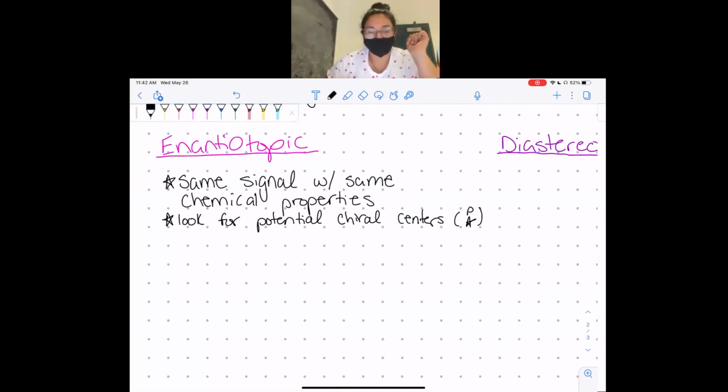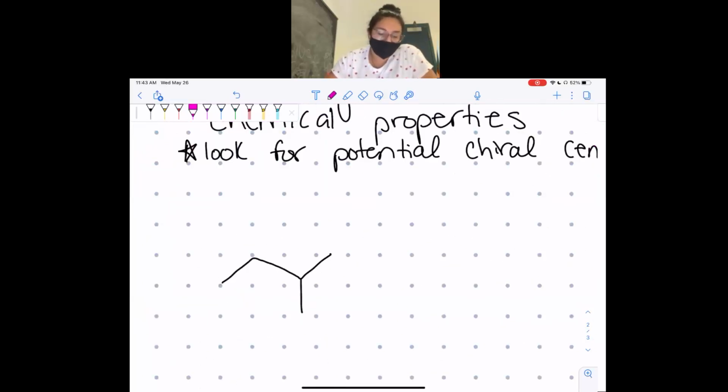So let's look at an example. Actually, let's make something that's not symmetrical. There we go. So this guy has some internal symmetry over here, but overall the molecule is not symmetrical.